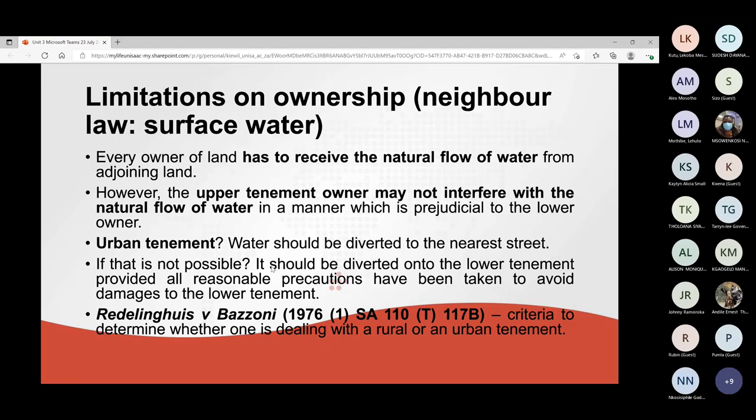In the case of an urban tenement, the water should be diverted to the nearest street. If the water cannot be diverted to the nearest street, it should be diverted onto the lower tenement, provided that all reasonable precautions have been taken to avoid damages to the lower tenement. Please see Redelinghuis versus Barzoni for the criteria to determine whether one is dealing with a rural tenement or an urban tenement.